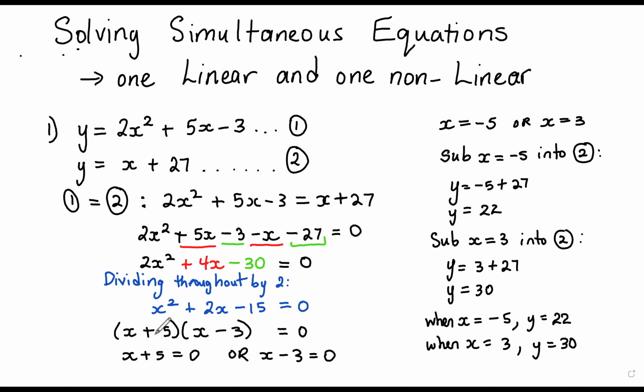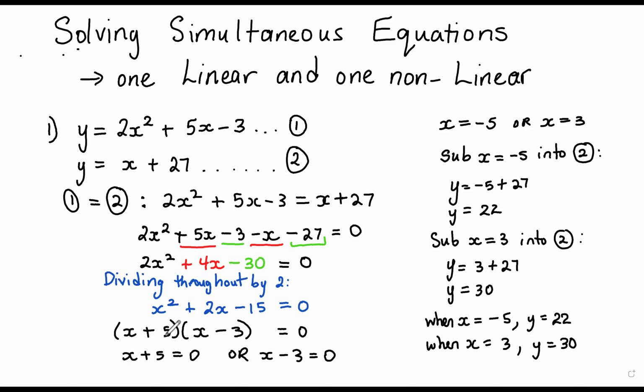I chose factorization because I quickly saw that once the coefficient of x squared is 1, really you're just looking at these two numbers here. You're looking at what two factors of negative 15 will add or subtract to give me b, and at the same time multiply to give me negative 15.